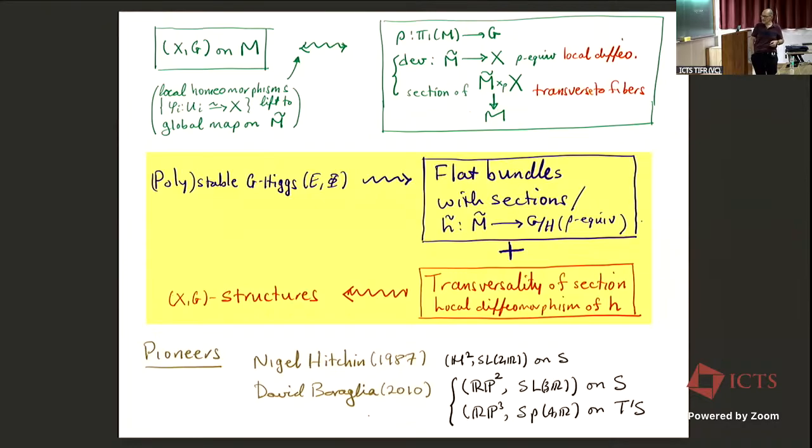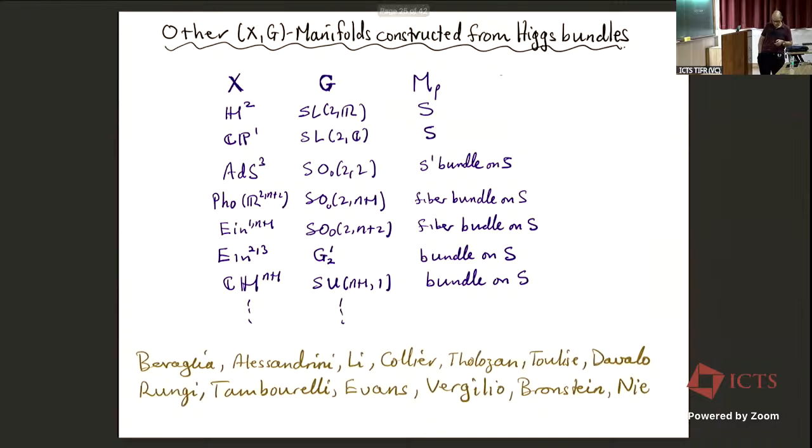But then I think the breakout point for this perspective was David Baraglia's thesis, where he used Higgs bundle techniques from this point of view to construct RP2 structures out of SL3R Higgs bundles, and also obtained geometric structures from Sp4R Higgs bundles. And since then, this point of view has been used very successfully to understand and construct geometric structures in many settings.